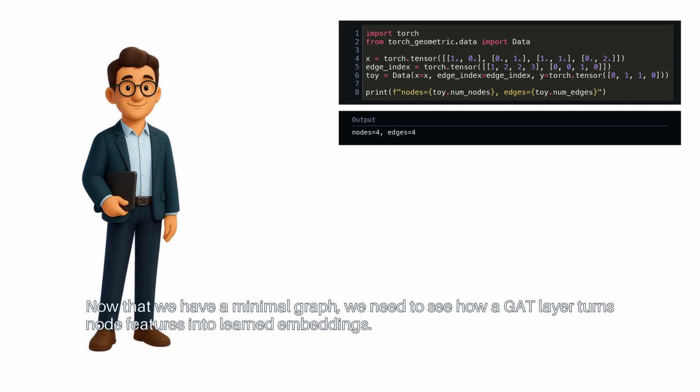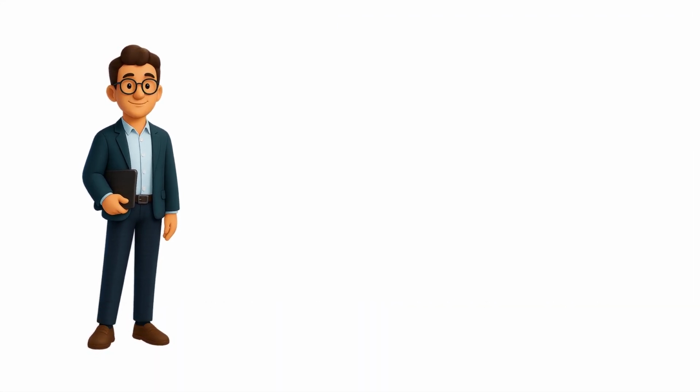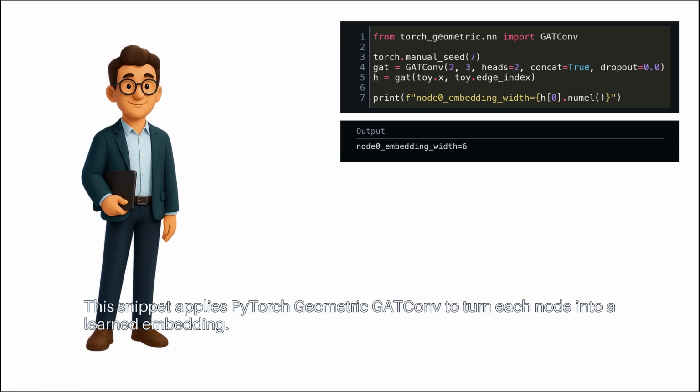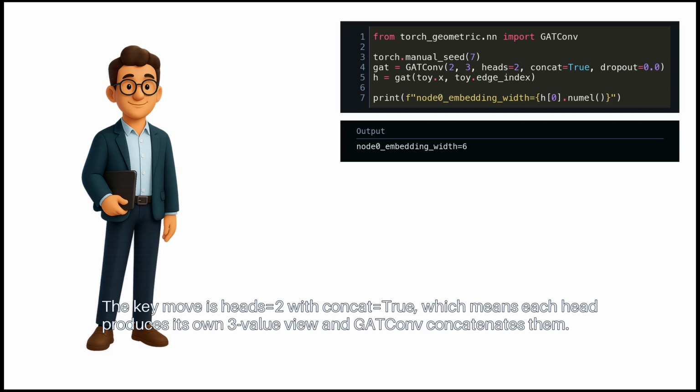Now that we have a minimal graph, we need to see how a GAT layer turns node features into learned embeddings. This snippet applies PyTorch Geometric GATConv to turn each node into a learned embedding. The key move is heads equals 2 with concat true, which means each head produces its own 3-value view, and GATConv concatenates them.